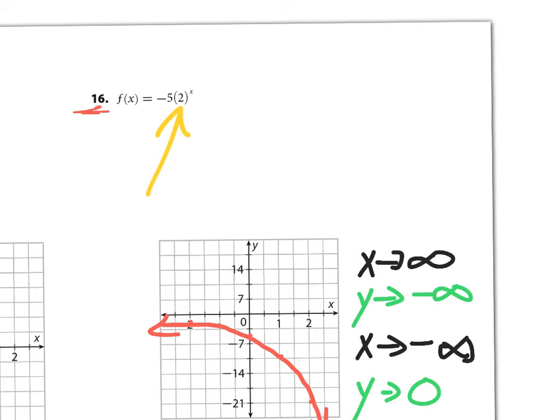The only way it cannot approach 0 for one of these is if it's been moved up or down. And remember, to move it up or down, it's not with the x, so I would have to add or subtract something. So there's nothing being added or subtracted here. So one of the approaches has to be to 0, then the other one is going to be some sort of infinity, either going up to positive infinity or going down to negative infinity, one or the other.